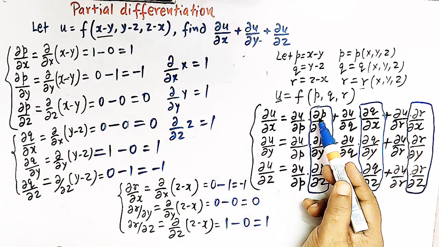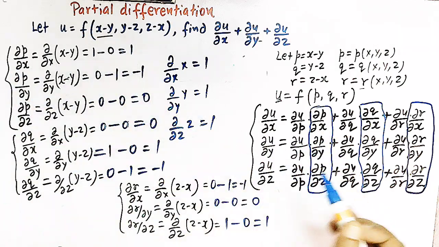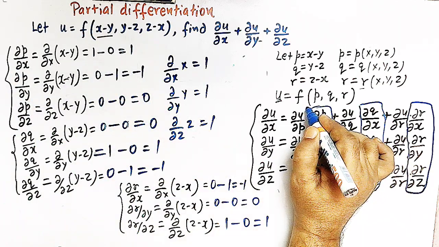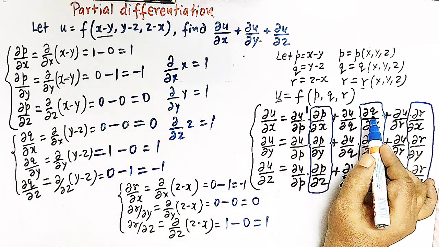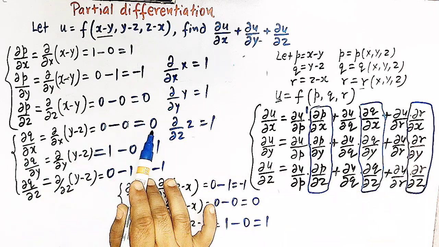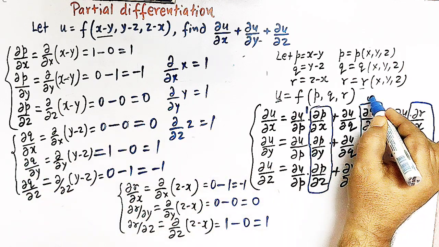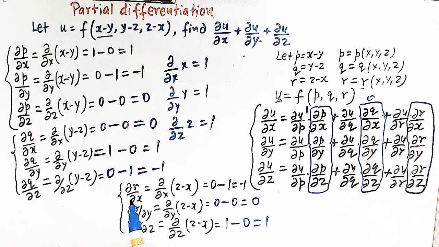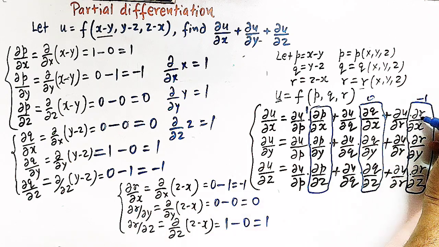So here for del p over del x, we have 1. So here we'll take 1, and del q over del x is 0. So here we have 0, and del r over del x is equal to minus 1, right?